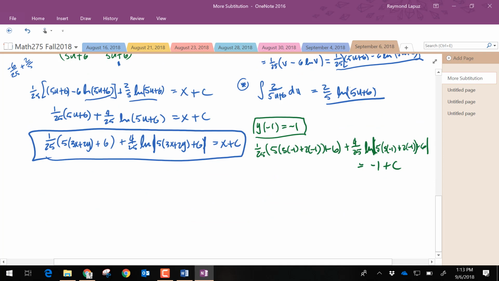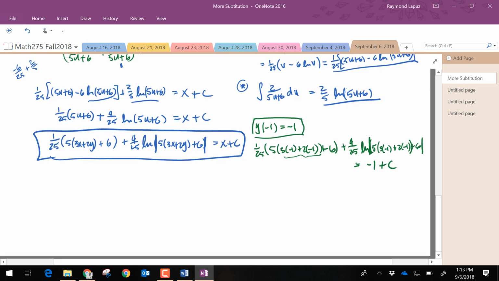This is -5, -25 plus 6, -19. So 1 over 25 times -19, plus 4 over 25 ln, so this is where the absolute value would be good, because if you didn't have the absolute value, then it would be a negative in the ln, which is not going to work. Is equal to -1 plus c.